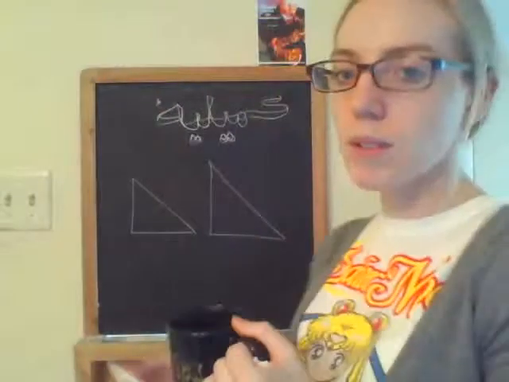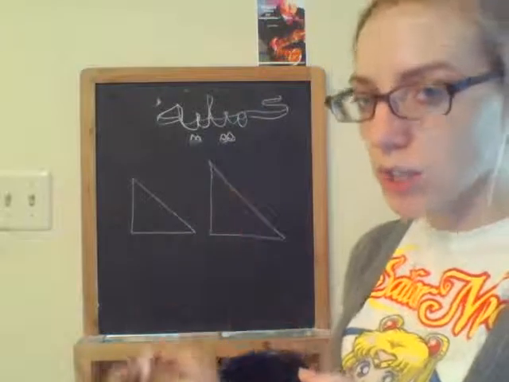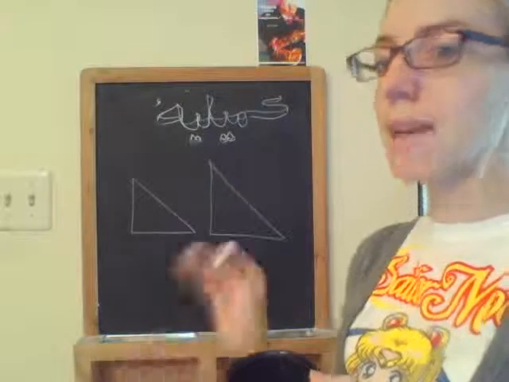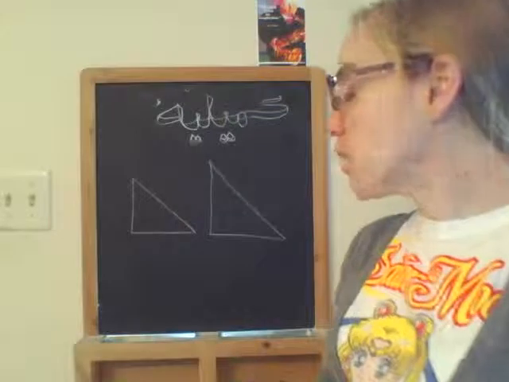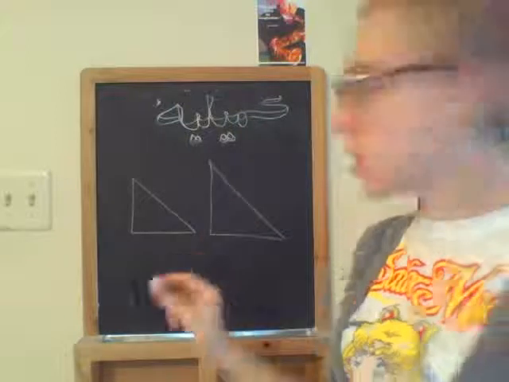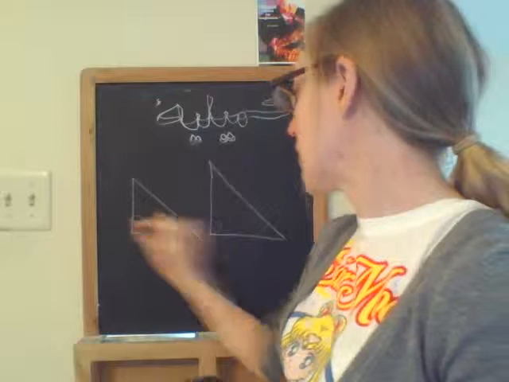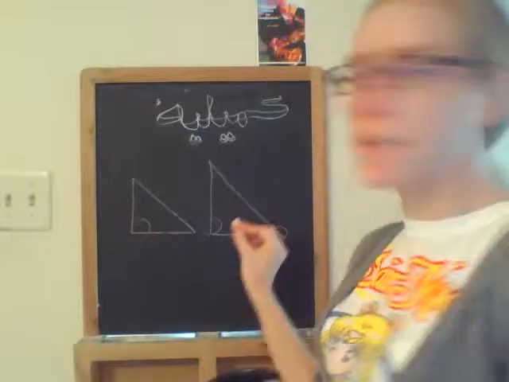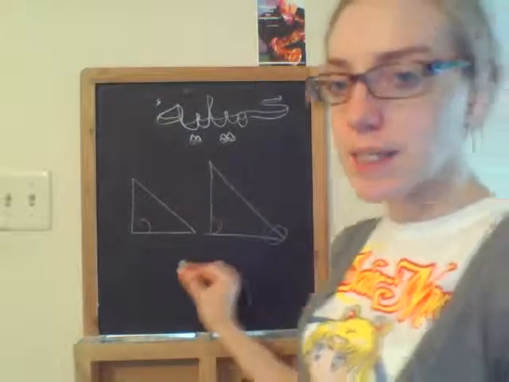here, say that they're similar, meaning they're not congruent, because congruent triangles are two triangles of the same size. So they've got the same size and same measure. But similar triangles are going to have the same angle measurements, because these angles here are congruent, but that doesn't necessarily mean that they have to be the exact same size.